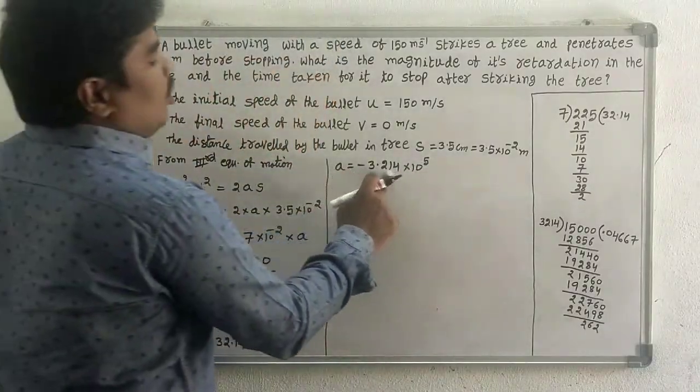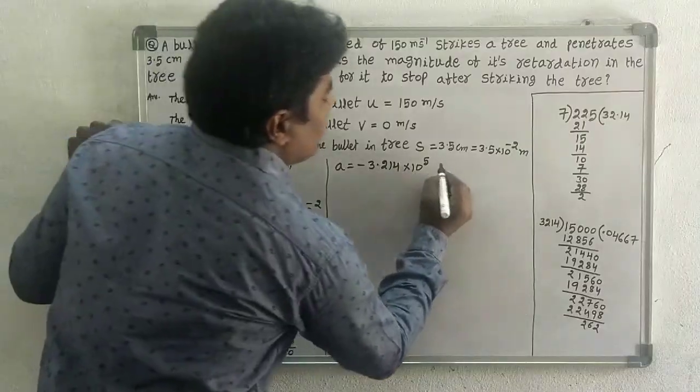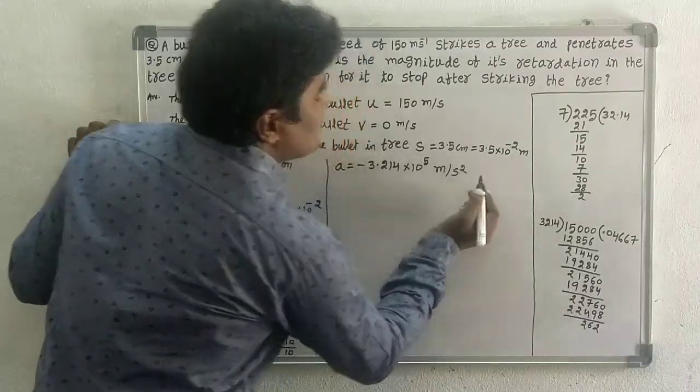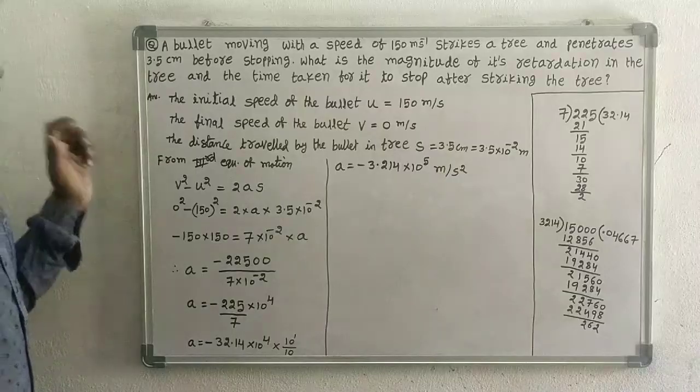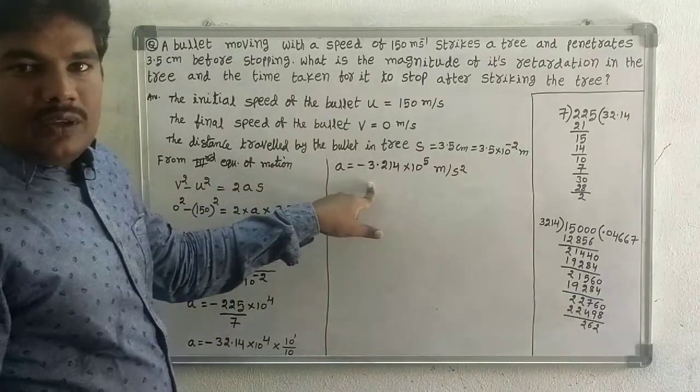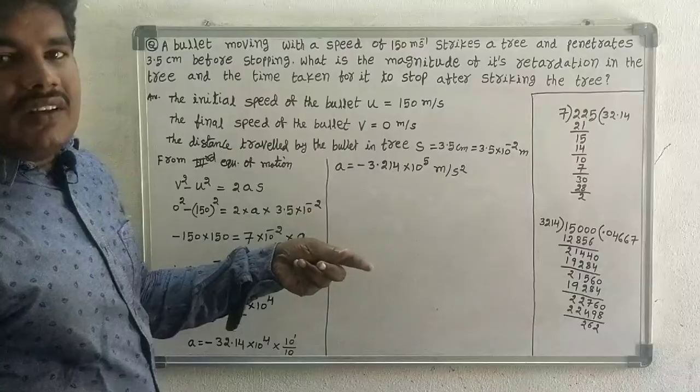So a is equal to minus 3.214 into 10 to the power of 5 meter per second square. So that is acceleration. But we want retardation.